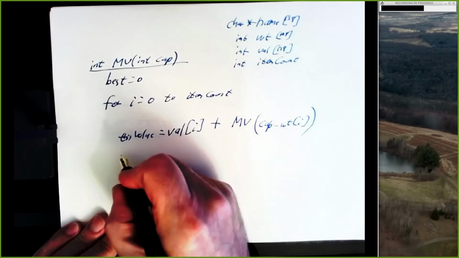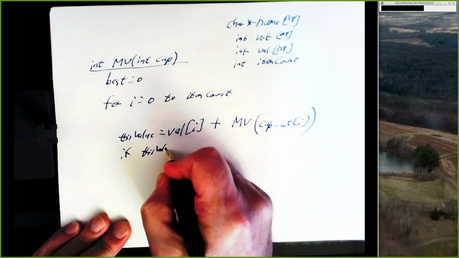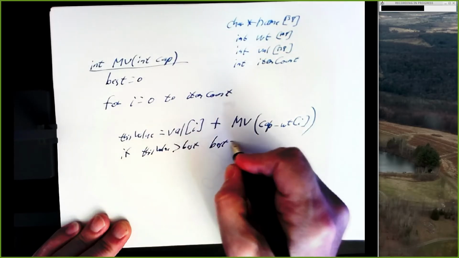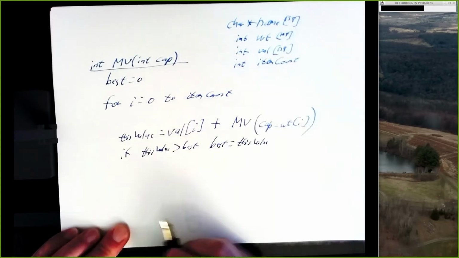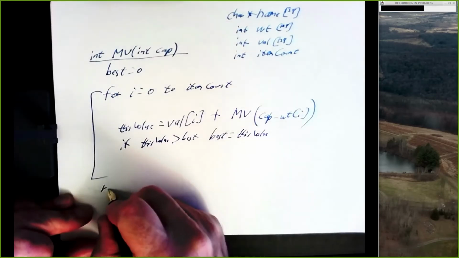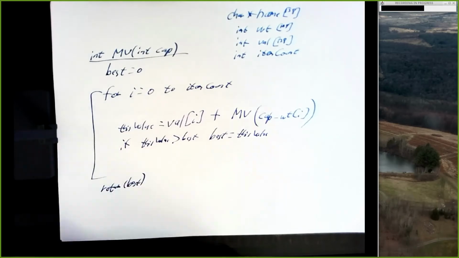Calculate this tentative value, and then if this value is bigger than best, set best equal to this value. And when we're done with all of that, return best. And so this is a more complete version of the MaxVal function.